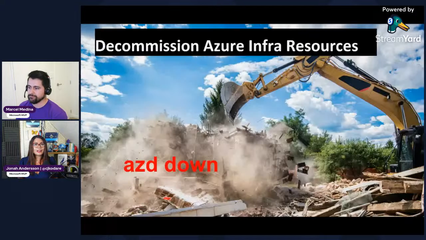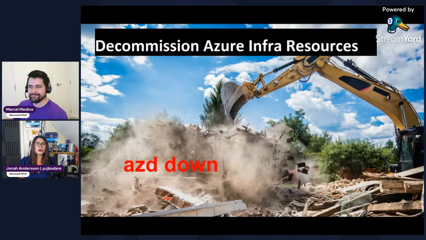Another special command of AZD is azd down. It's probably not so common, but sometimes you have to decommission things. Cloud development is flexible: you can build things quicker, and you can also decommission them quicker if you're not satisfied.